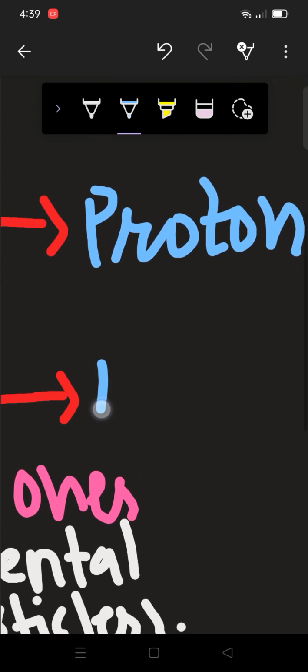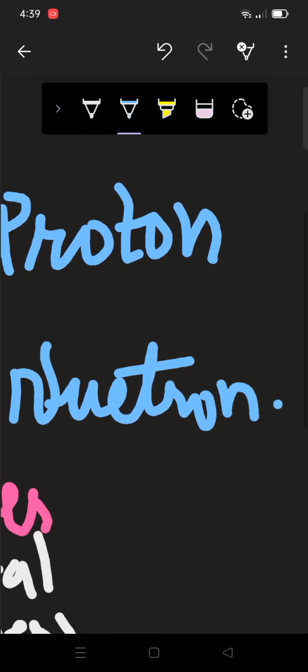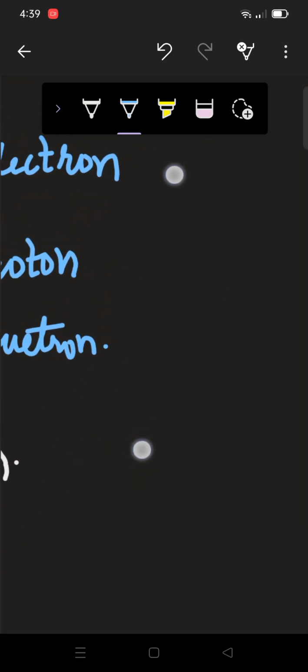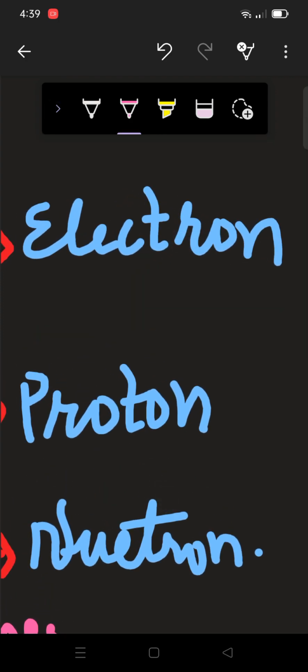And last but not the least is neutron. Alright, so now let's see how to write them. One electron can be represented with E basically.